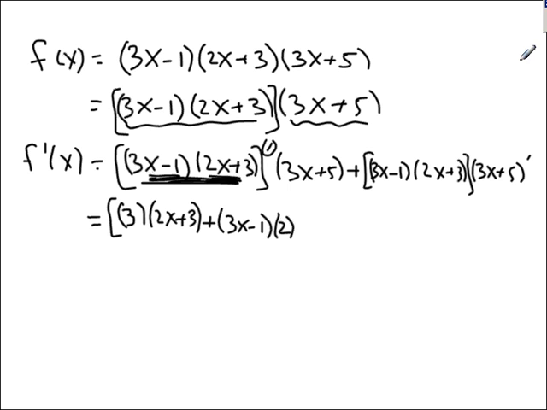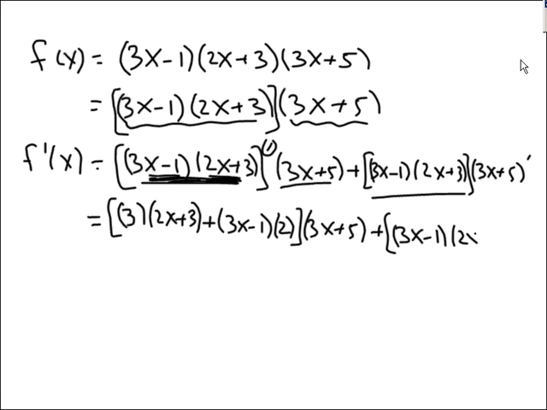And all of that gets multiplied by 3x plus 5. Plus this, 3x minus 1 times 2x plus 3 times the derivative of 3x plus 5, which is 3. There's your calculus.